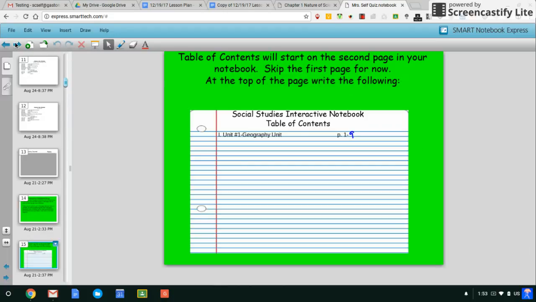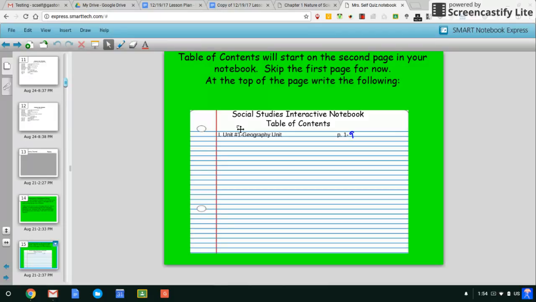Okay, so what we're going to do first, we are going to skip your entire first page, and you're really going to have to listen to me because there are going to be some changes from what's on this right here. Skip the entire first page. Okay, so the second page is what we're going to look at right now.